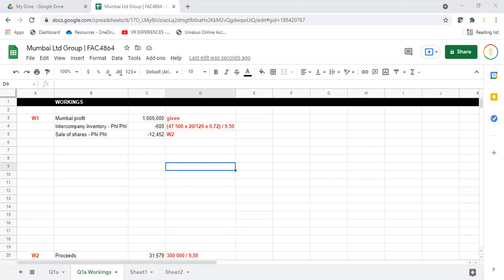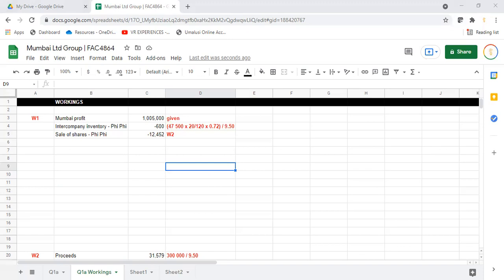Under New Delhi, you can see that Mumbai acquired 25% of the ordinary shares of New Delhi. The company is incorporated. New Delhi's net asset value was considered to be fairly valued, but there is a fair value adjustment relating to equipment.